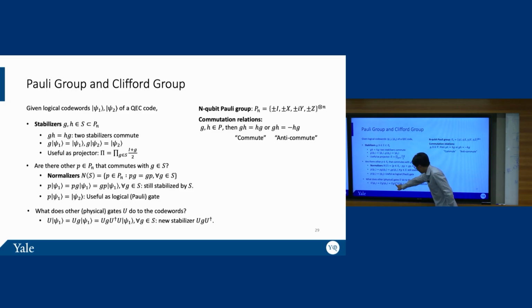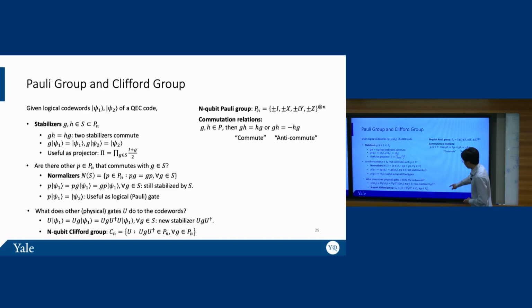For example, this is equivalent to doing the unitary operation on the code word states and then stabilized by this new set of stabilizers. So U G U dagger is your new stabilizer of the code. And these are sort of motivating examples for Clifford operations that map from Pauli operations to Pauli operations.